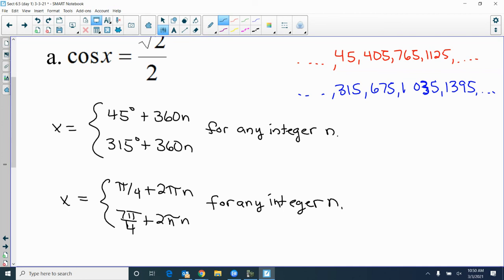All right, so that's how you list all of them. And you just keep plugging in n equals 1, n equals 2, n equals 3, or n equals 0, n equals -1, n equals -2.